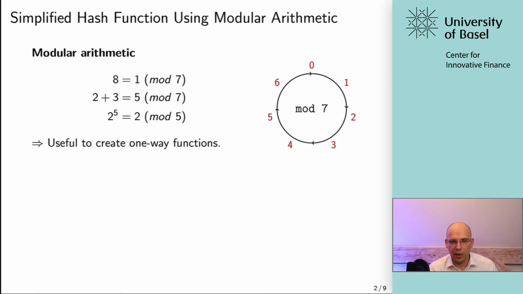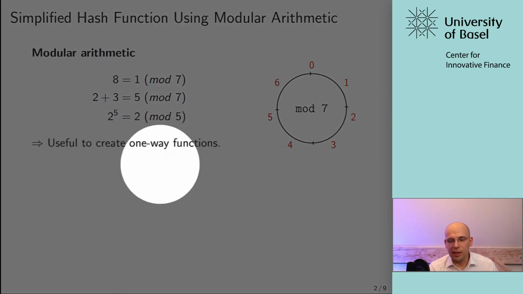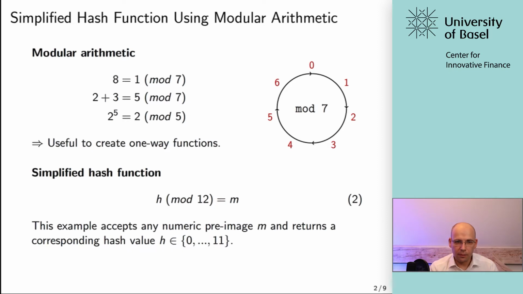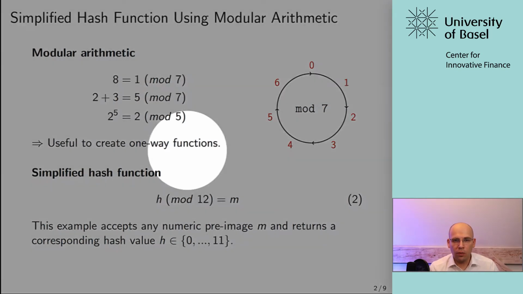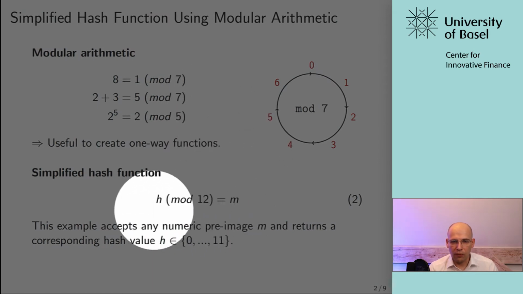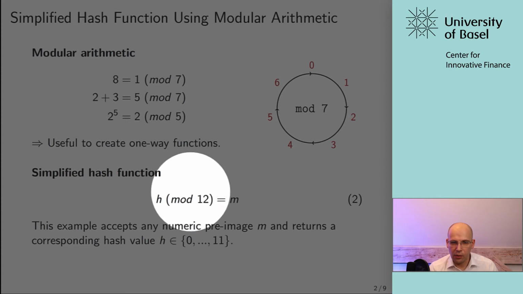That's the idea. And these mod operations are really useful to create so-called one-way functions, and that's a concept that is heavily used throughout cryptography, of course. Now, using that, you could build a really simple hash function. What you could do, for example, is you could say, okay, we have a message mod 12, that results in the hash value.